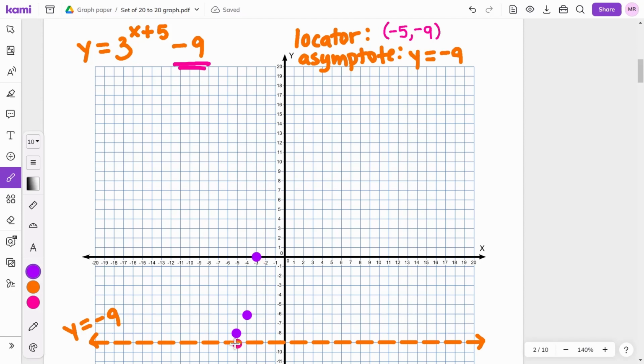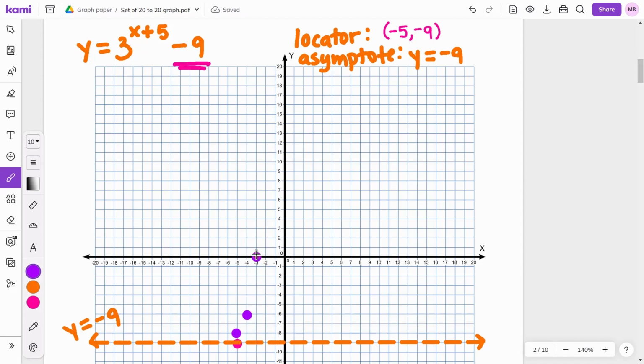Now, what's really happening also is I'm always going to start at 1 above unless I have an A that's different than just plain old 1. And then this base is telling me what I'm multiplying by. So I'm multiplying by 3. So this is 1 away, times that by 3, 3 away, times that by 3, 9.